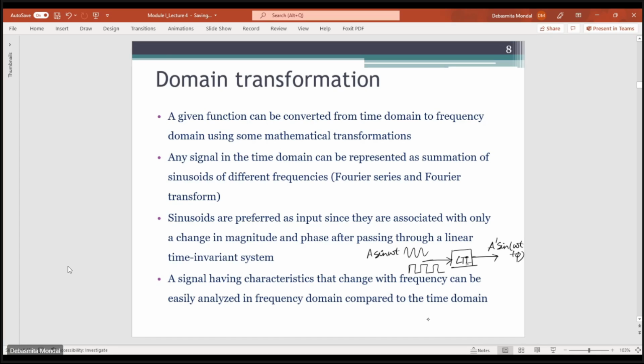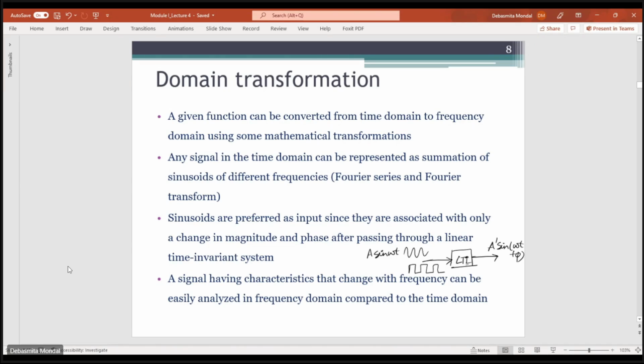But if you use a square wave or a pulse, the representation of the output will not be as simple as that for the sinusoid. That's why we usually prefer dealing with sinusoidal signals rather than any other kind of signals. So a signal basically will have character.